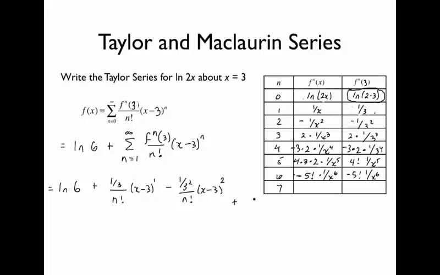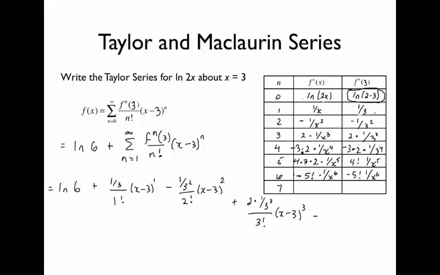Next one's going to be plus 2 times 1 over 3 cubed, so this is 2 over 3 factorial, x minus 3 cubed.